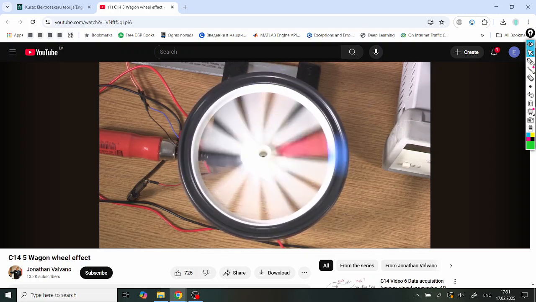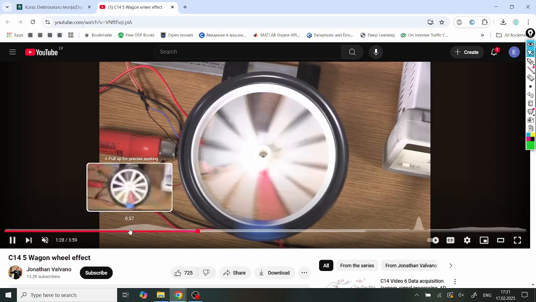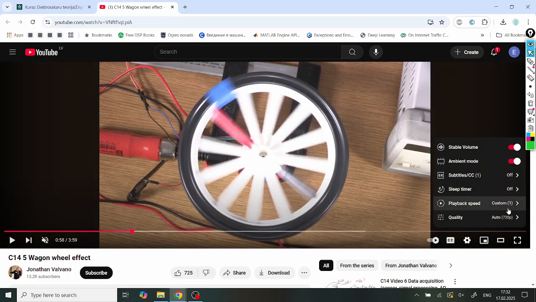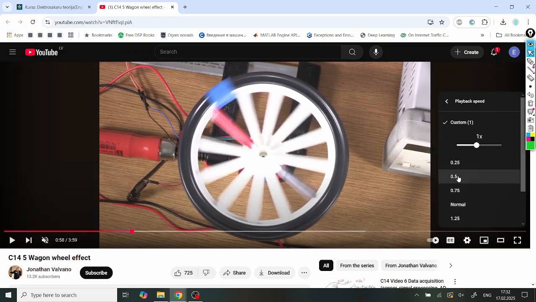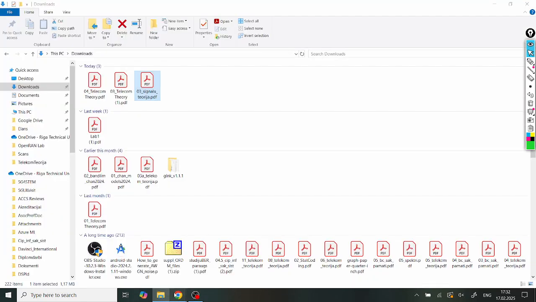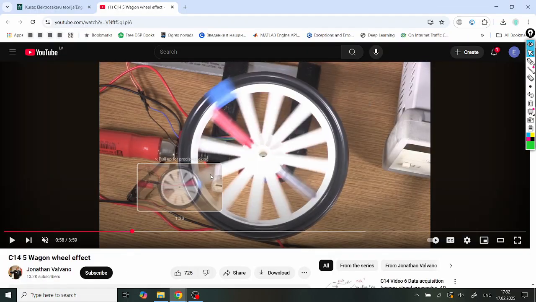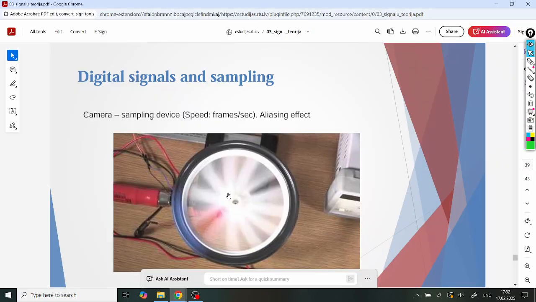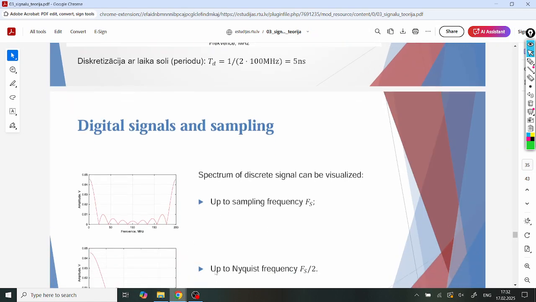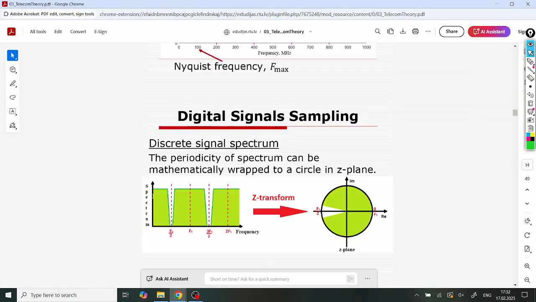Now, why is it happening and how we can relate that to this picture of spectrum we were having just now? So let me actually reduce the speed and go through the spectrum we had. Well, actually, I will use that one, which is a little bit even more friendly.